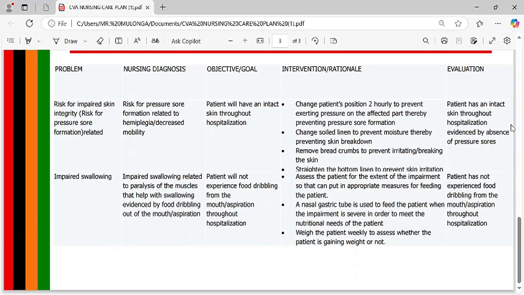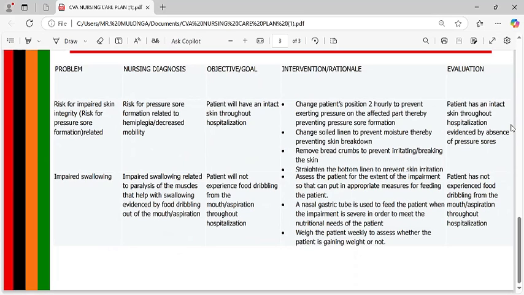So basically what we want here is that we want to improve, to improve swallowing. We want this patient to improve swallowing. So that's what we want to do. So this goal is a very good goal, and it is SMART.